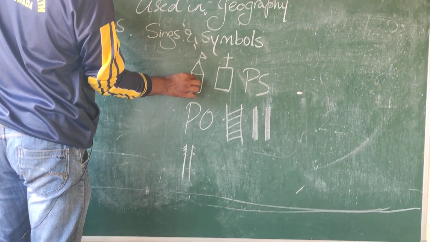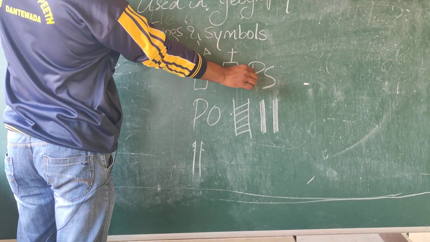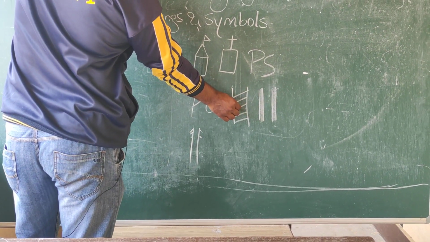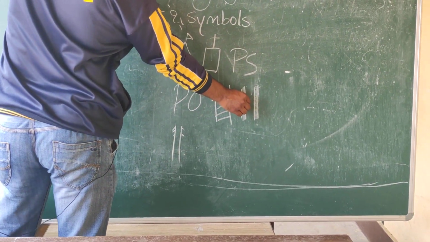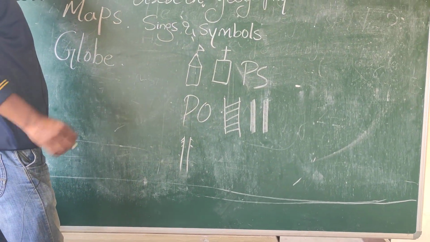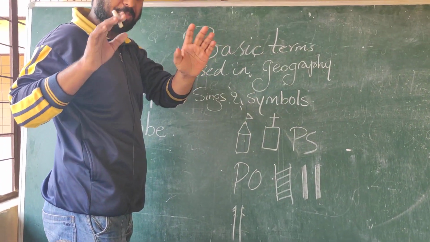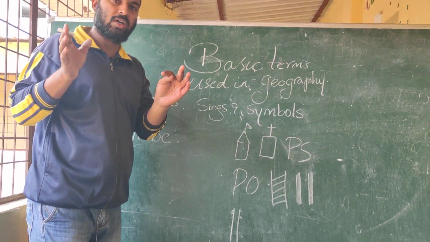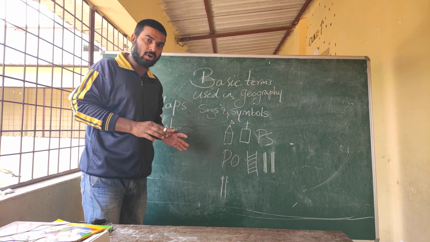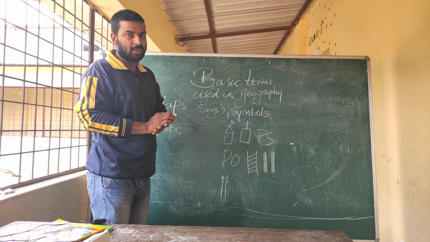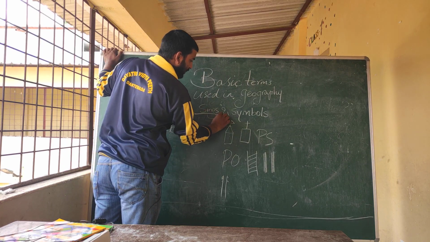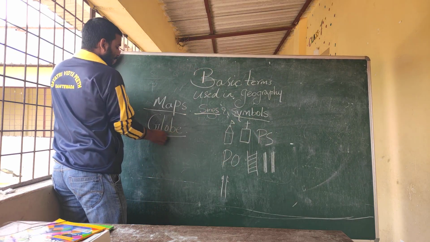The sign of temple, church, police station, post office, a railway track, a pakka road and a kacha road. You have to copy it down in your notebook, and you will have to send it to us for correction. So today we have learned maps, signs and symbols, and what do you mean by globe.